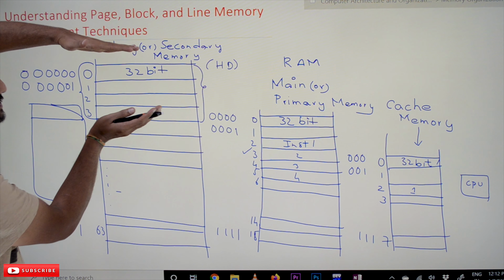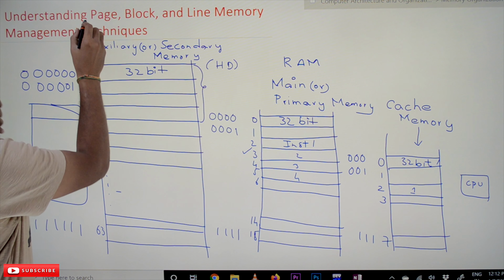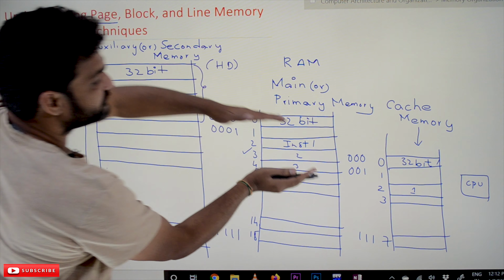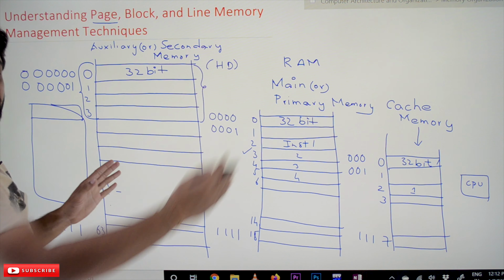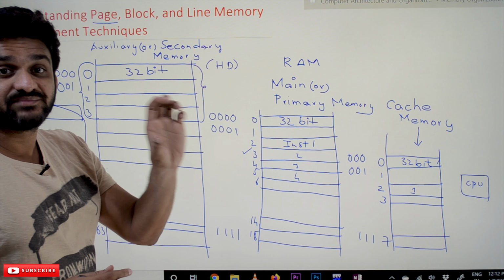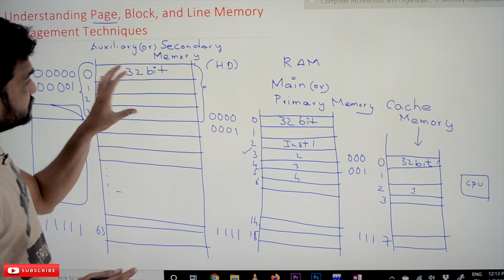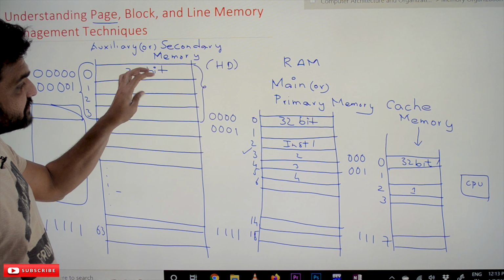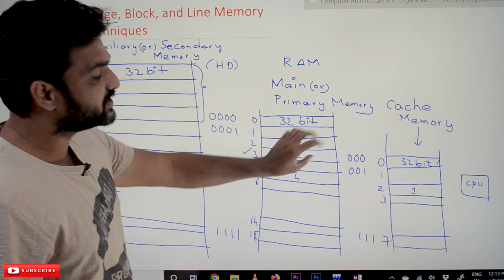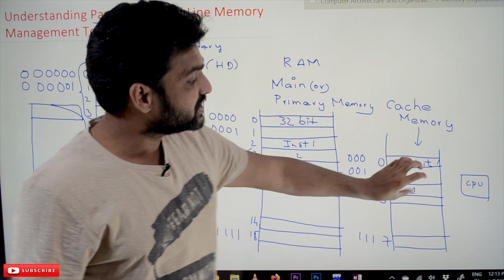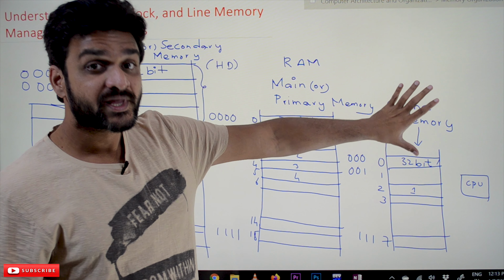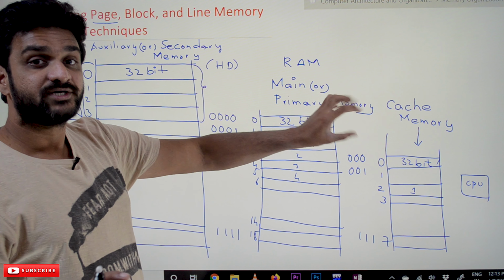If the grouping is done in the hard disk, we call it a page. All these three memories are going to have the same size grouping, which means 4 words are grouped in secondary memory, 4 words in main memory, and similarly 4 words on the cache memory.